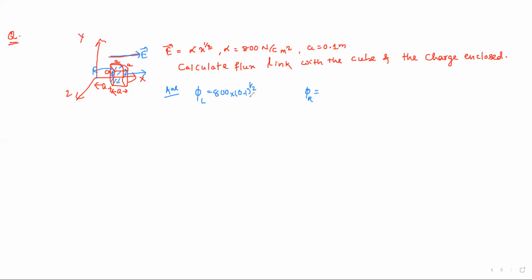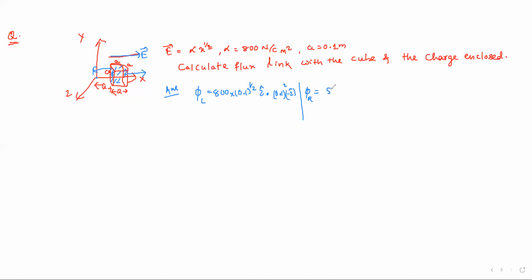So electric field along x axis, i cap dot area vector. Area is a square, since each surface of the cube is a square. So square means 0.1 square, into minus i cap, since the surface area direction is along the negative axis.